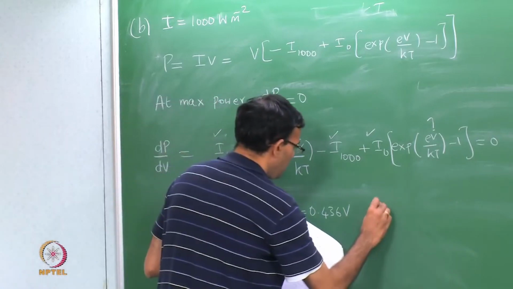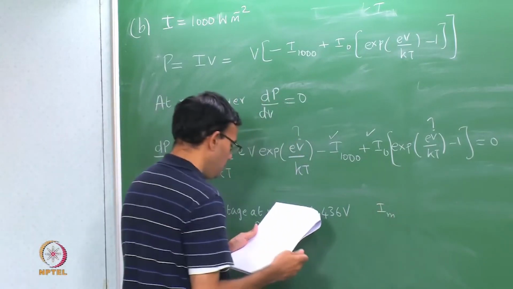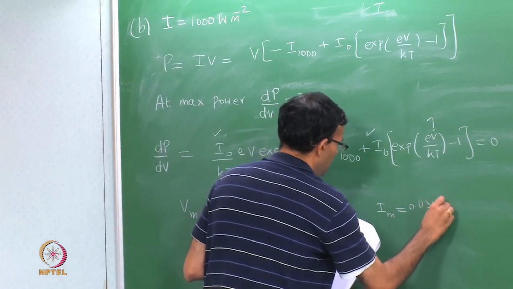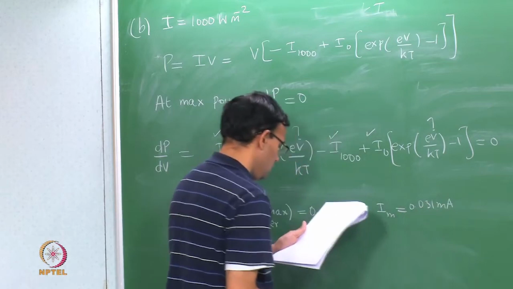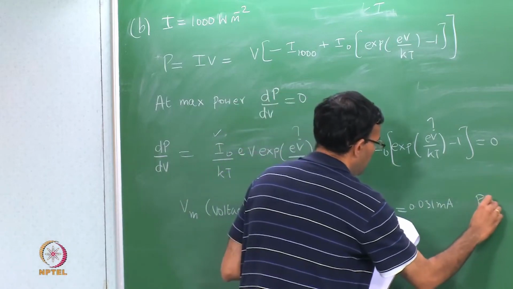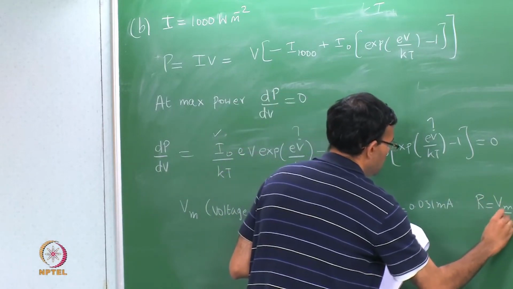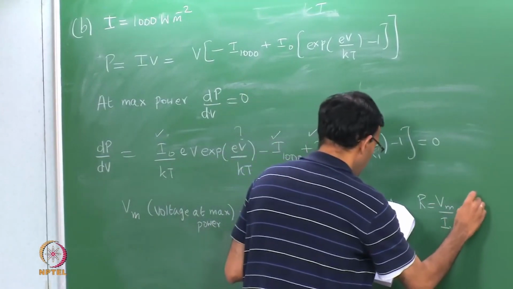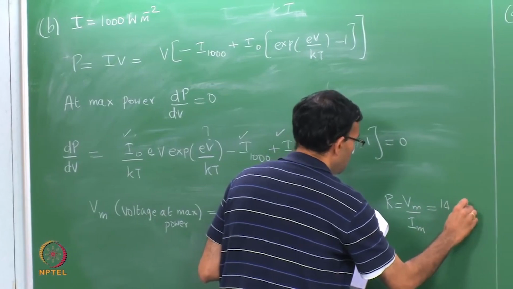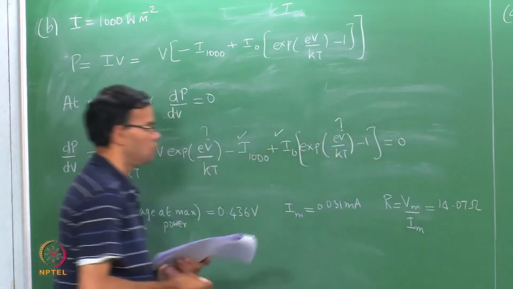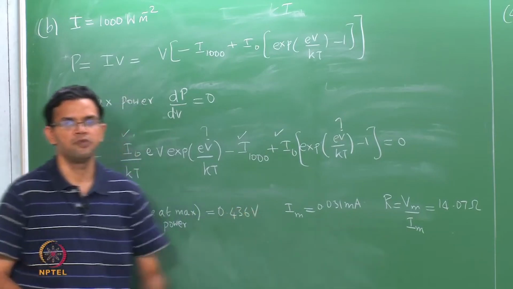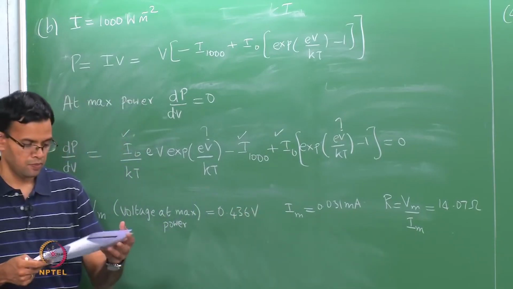The corresponding current Im is 0.031 milliamps, and the resistor R is Vm over Im, which is 14.07. So, this is essentially the load at which the power is maximum.